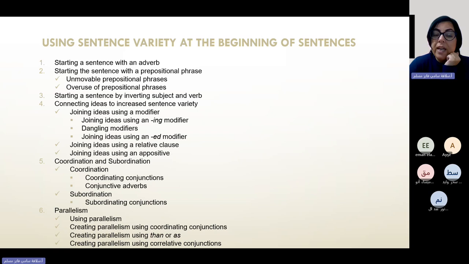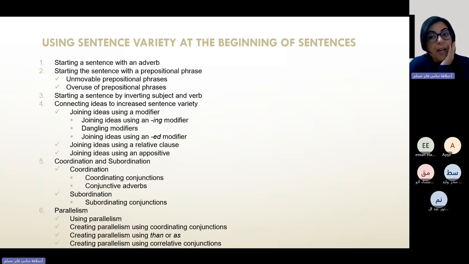Okay? We can join ideas or write sentence varieties using coordination and subordination. Okay? We can use coordination with the coordinating conjunctions or the conjunctive adverbs. Or we can use the subordinating conjunctions.